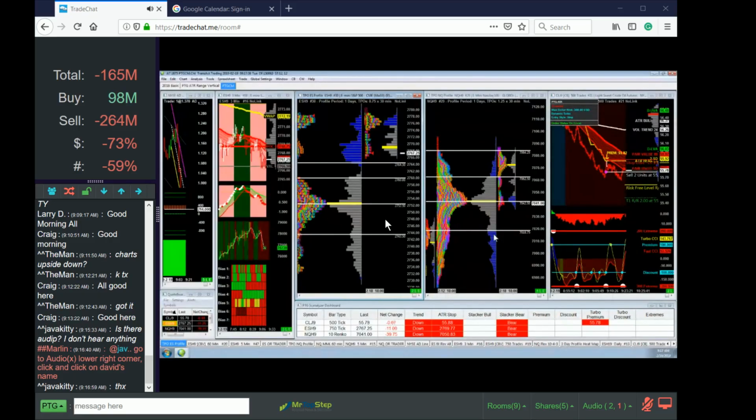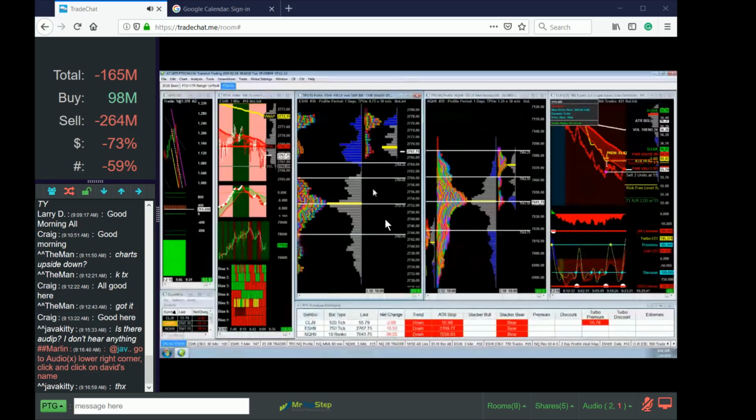Some of the key areas that I like to look at in terms of framing out the action are high and low value areas, which should be pretty standard fare for profile readers. Obviously, point of control, high volume nodes, low volume nodes, those are the key items that you want to at least initially look at. It forms a framework.